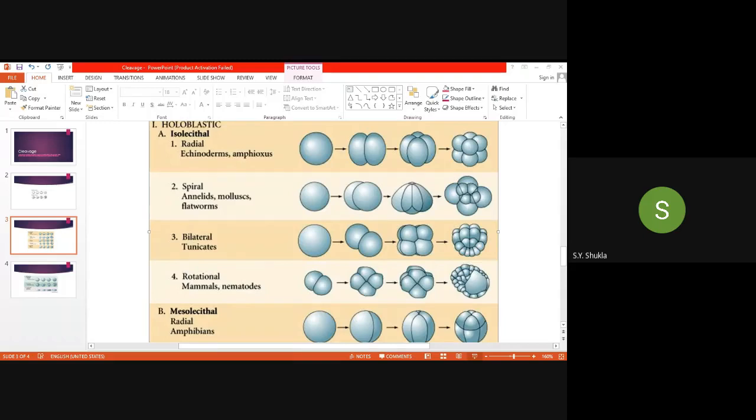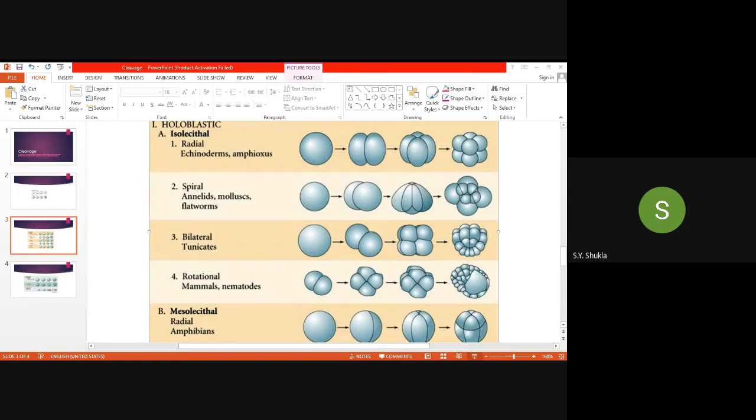And after holoblastic cleavage, the last one is mesolecithal eggs. Meso means the egg has a moderate amount of yolk, but since yolk is there, it resists cleavage somewhat.